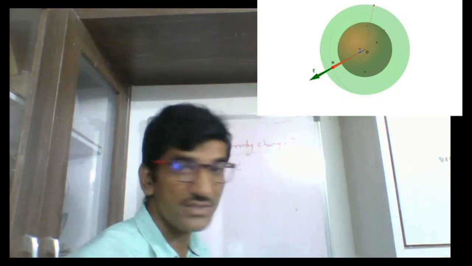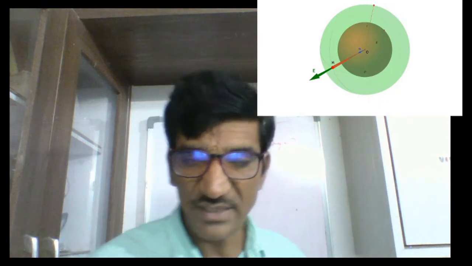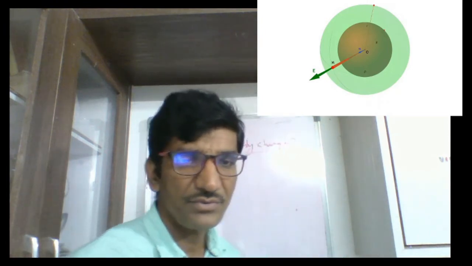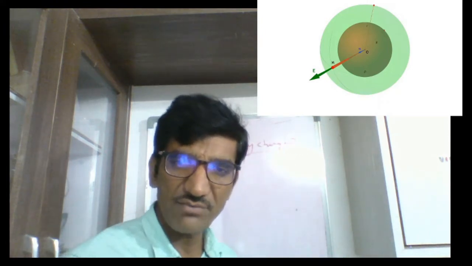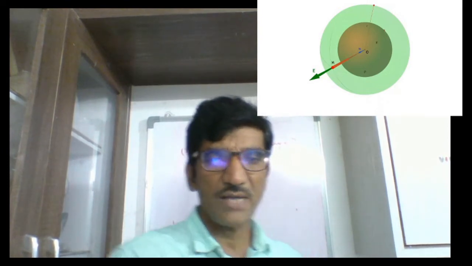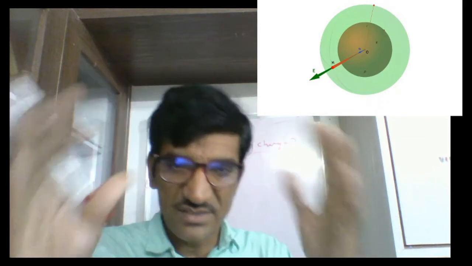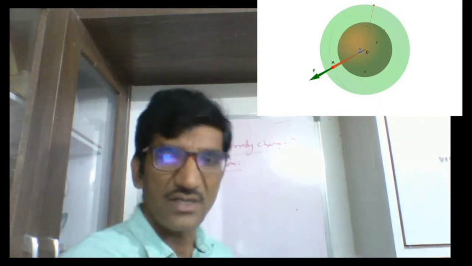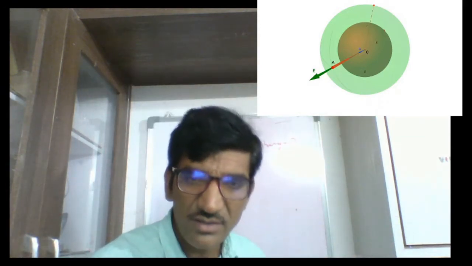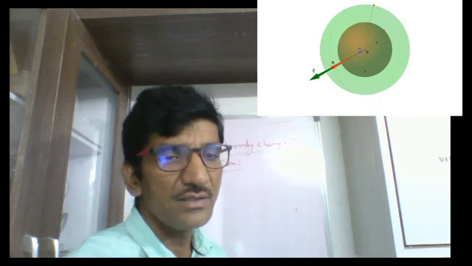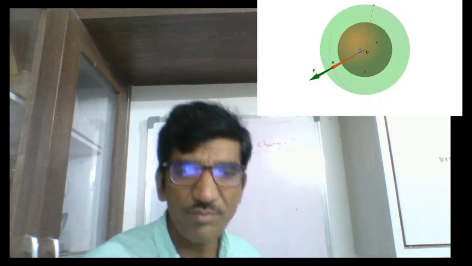You may describe the charge in this sphere with the help of Q itself, or you may define the charge distribution in terms of volume charge density. Here I am considering only the total charge inside the material of the sphere. It is filled with q coulombs of positive charge.